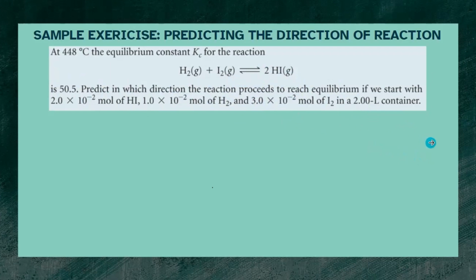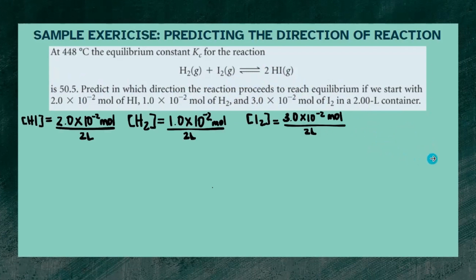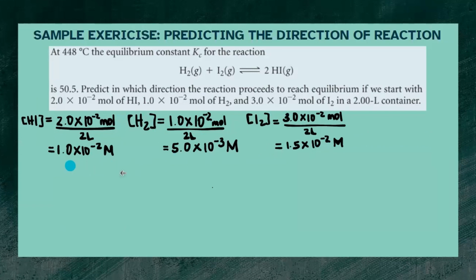What we have to do first is to get the molar concentration by dividing the moles by the total volume as shown here. So what we now have is these values, which are already in molar concentration.